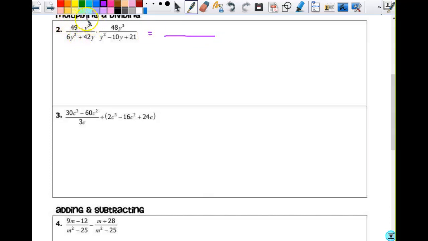In the numerator right here, can I factor this? What is this situation called? Difference of squares, yes. So I'm going to have 7 plus y times 7 minus y. In the denominator, can I factor out a GCF? What would my GCF be? 6y, good. So that's going to leave me with y plus 7.